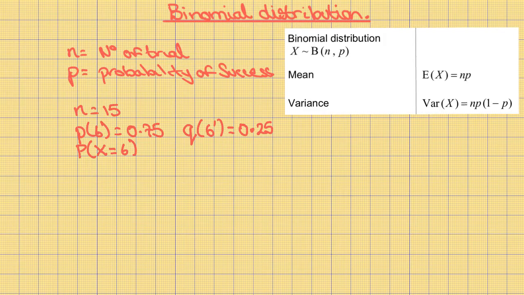You could do that manually, and that is equal to 15 choose 6, P, which is 0.75, and you want it 6 times, 0.25, and that would occur 9 times.